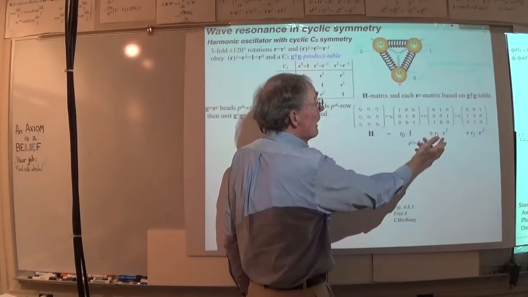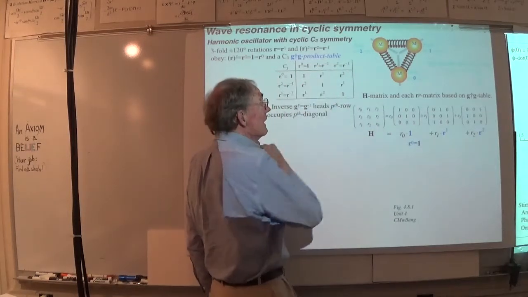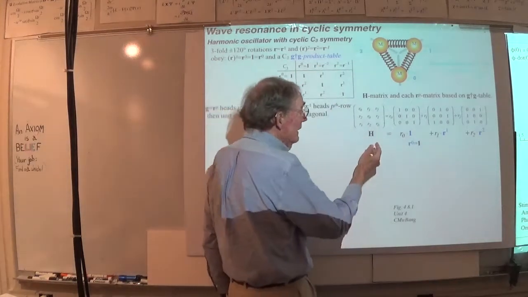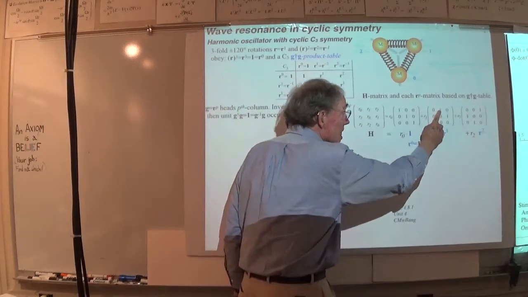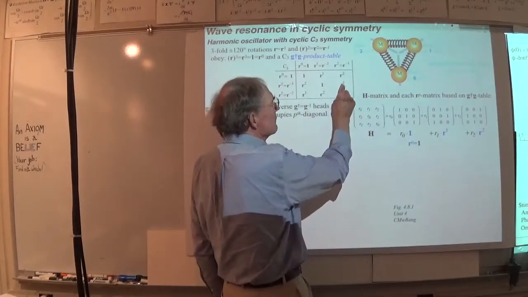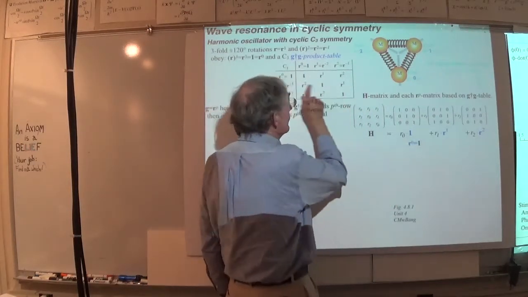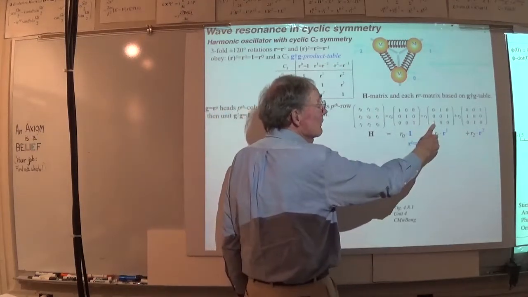But then, for R to the first power, not to the 0th power, but to the first power, I have, okay, in this table here, I got R1 here, so I put a 1 here in a matrix to represent it, 0 everywhere in that row, and then I go down here, I put a 1 down there, and 0 there, because it's not R1, and finally this guy in the corner here gets a 1 in the corner.